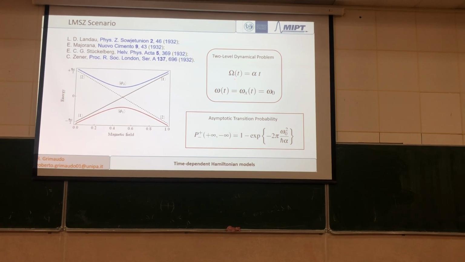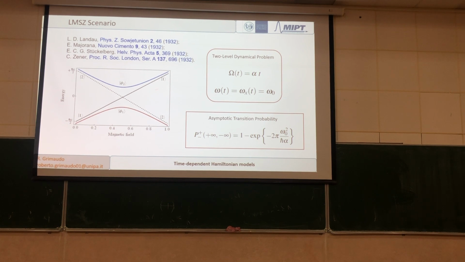Actually, we have the capital omega parameter of our Hamiltonian depending on time in this way. So we have a linearly varying field along the z direction, and we have a transverse field on the x-axis, which is constant. This is the very important energy diagram of our two-level system.